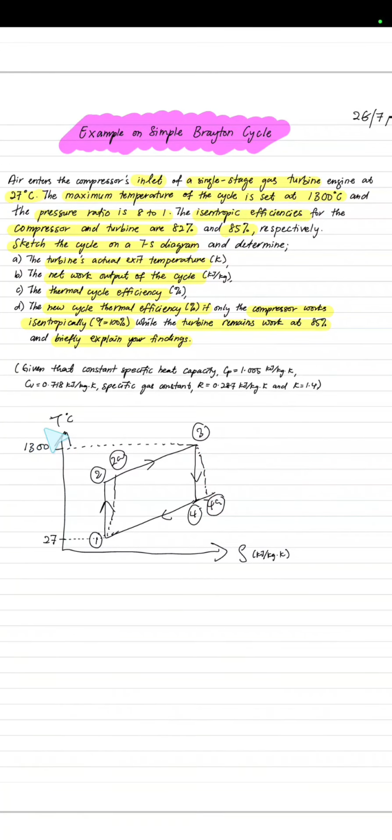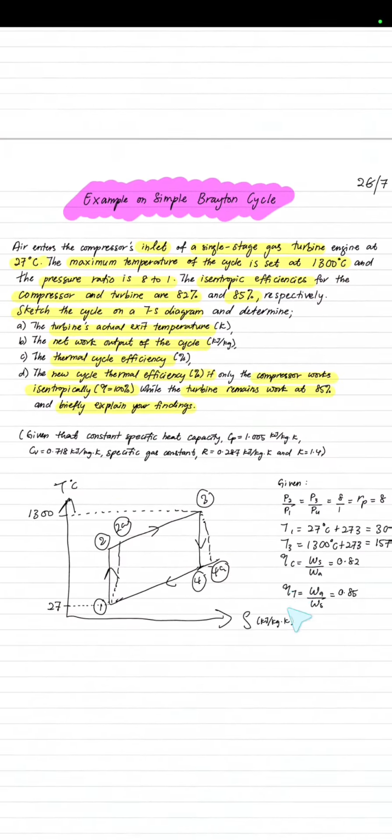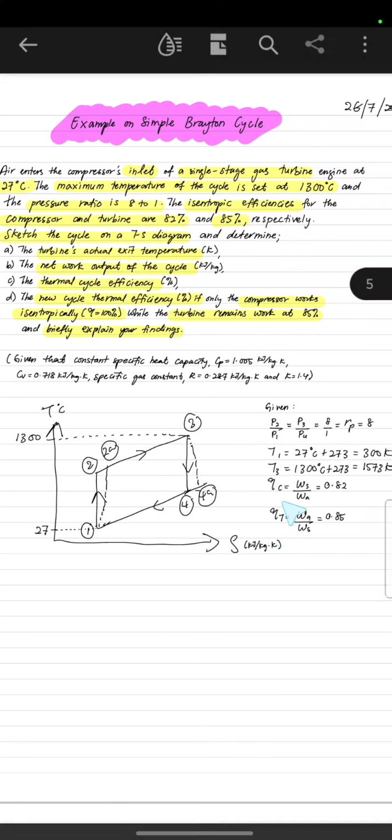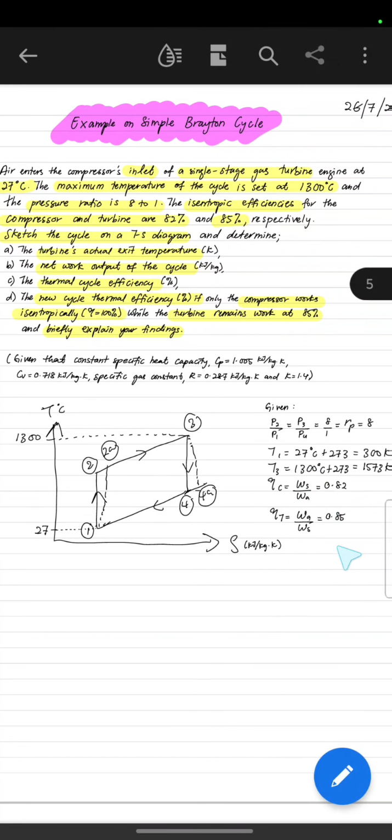So that's why you place your 1300 degrees C at state 3, and your inlet to the compressor temperature is 27 degrees C.